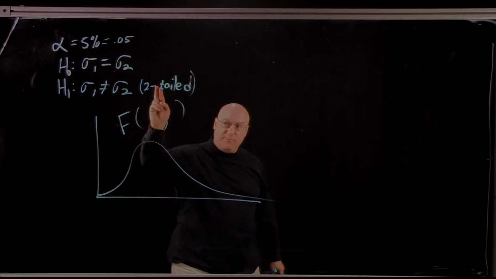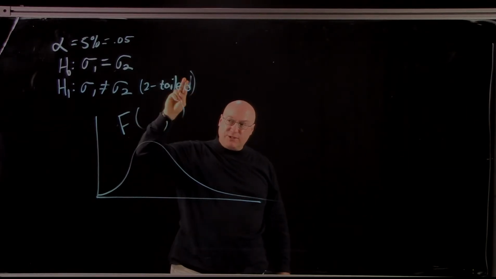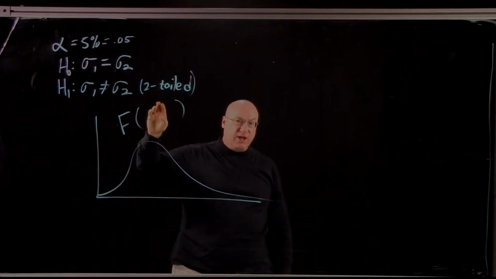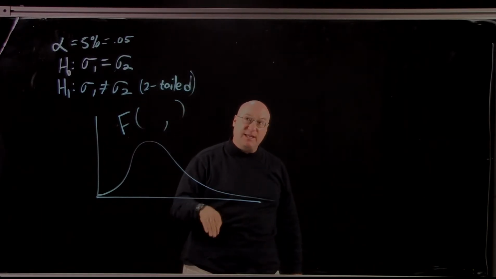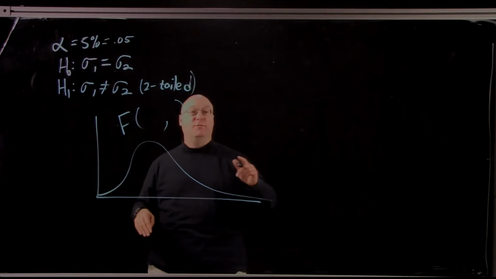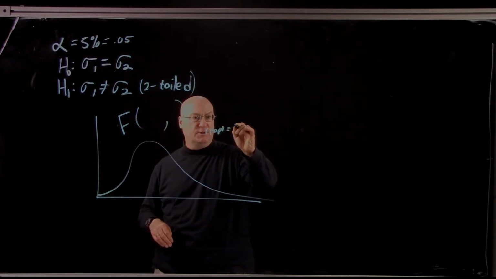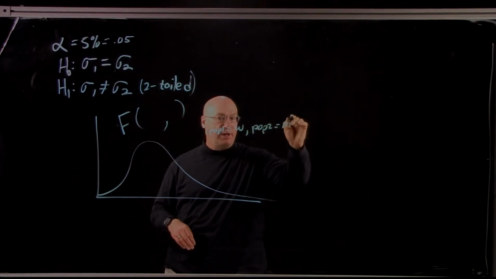It's degrees of freedom 1 and degrees of freedom 2. The degrees of freedom 1 go with population 1. What was the sample size drawn from there? The answer is go look at the sample size for women, right? Because that's population 1. So pop 1 equals women, pop 2 equals men.